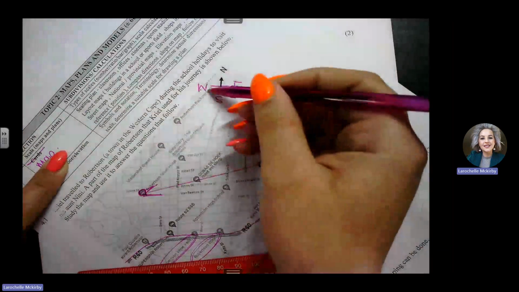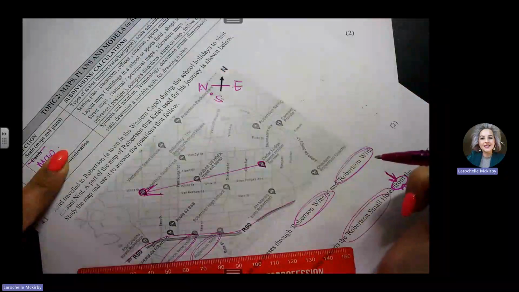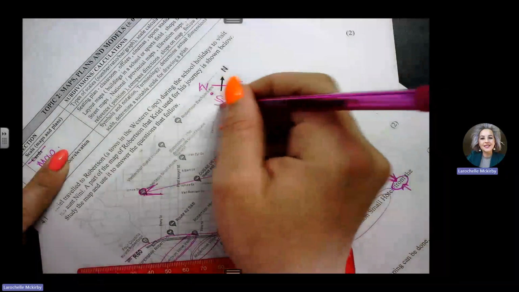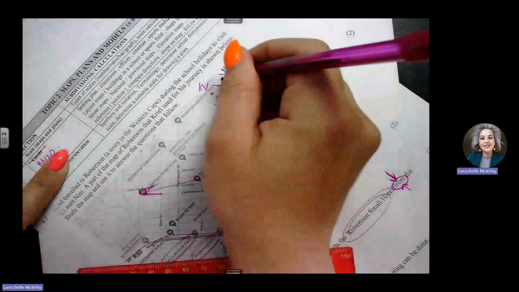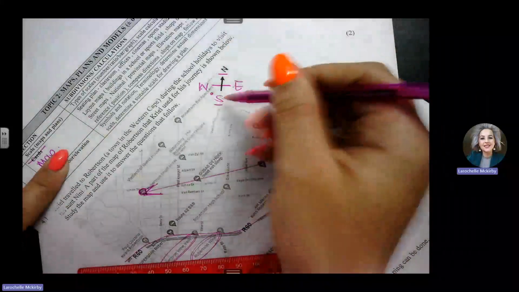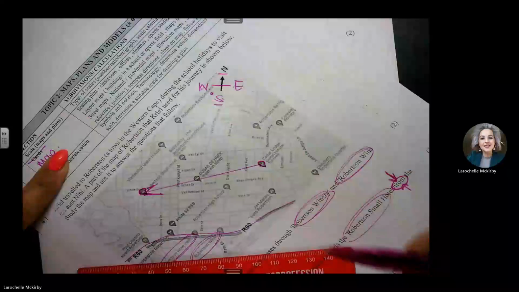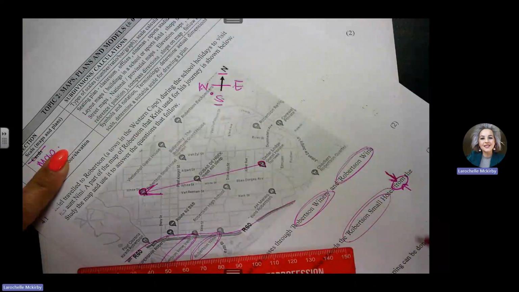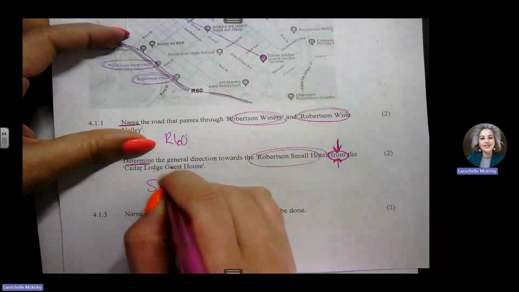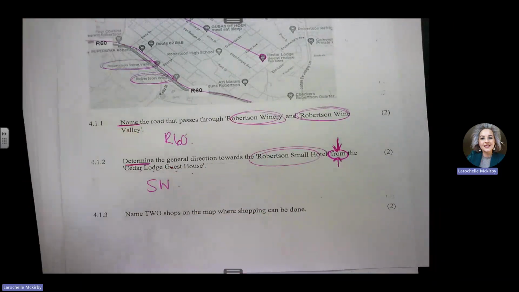We can't write west. So we will say it lies between those two. And which one do you say first? We always say south or north first, and then secondly the west and the east. So in this case, we will say southwest. The Robertson Small Hotel lies in a southwesterly direction. So we can just say southwest, or you can write it out. It doesn't really matter.